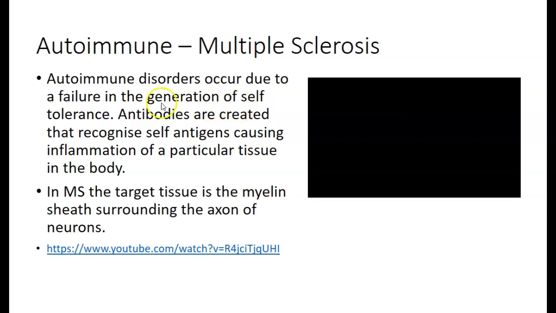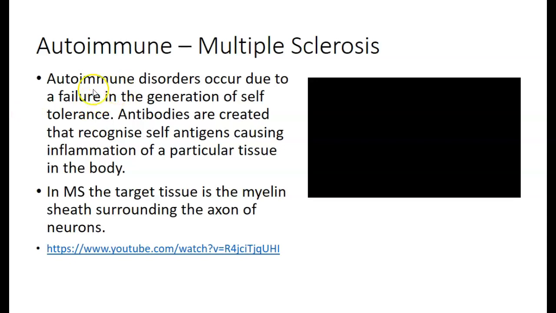So I talked about that as part of our discussions on the adaptive immune system. When your B and T cells start developing, they undergo this process of generation of self-tolerance, which means that if antibodies are produced in your body that recognize self antigens, they are destroyed, they are gotten rid of.